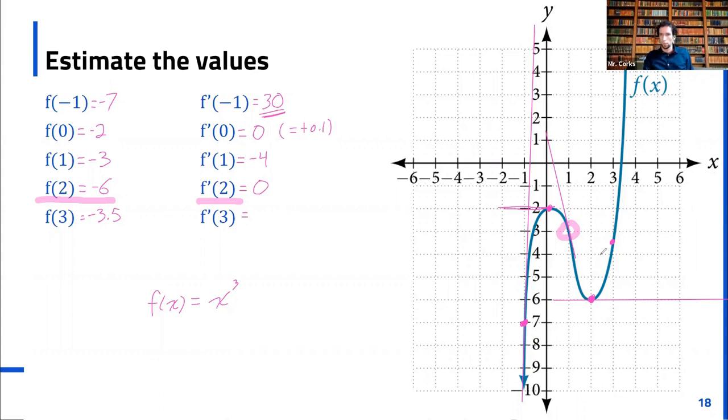Maybe 20. Okay, so a big positive number. So positive something, he's saying positive 20. That approximately looks like a tangent line, I think.